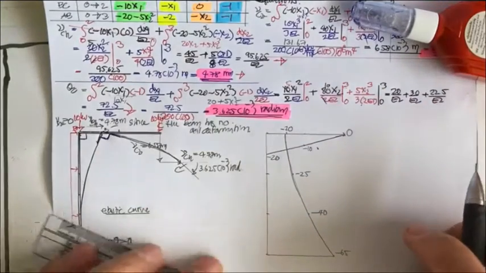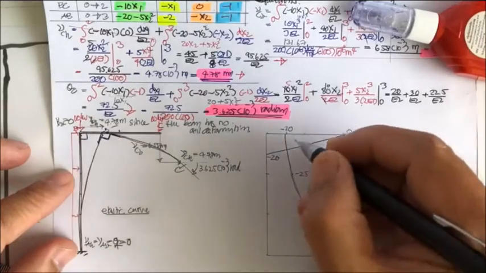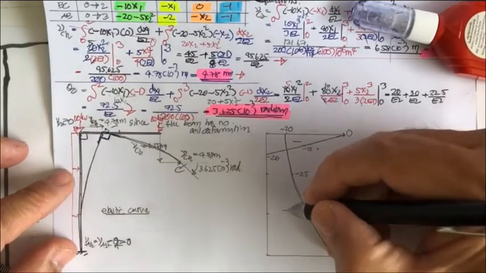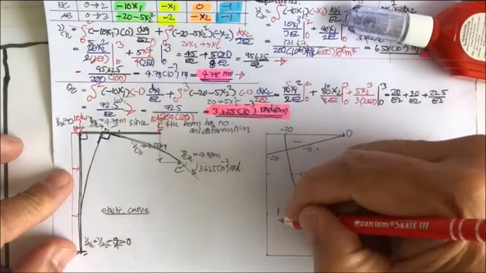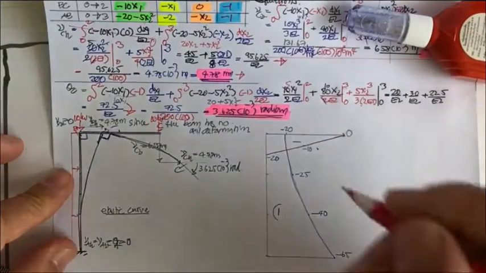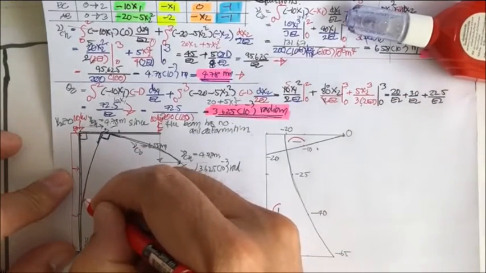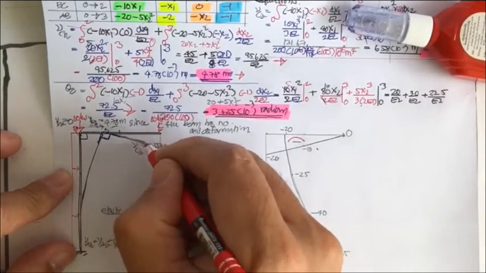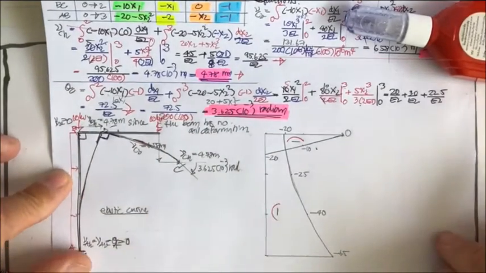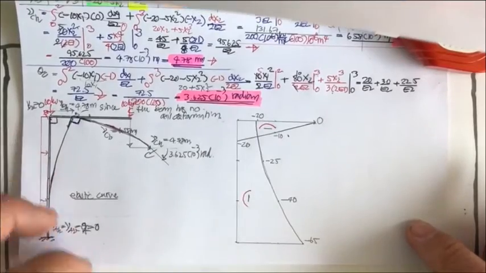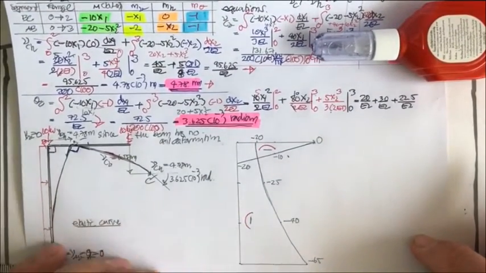Since this is negative moment, and this is also negative moment, when it's negative moment, the curve is going to be like this, and it's going to be like this. So it's corresponding to our curve here and our curve here. Okay, and the last thing, if you prefer, you may draw the reinforcement.